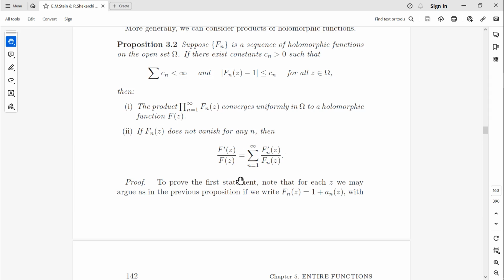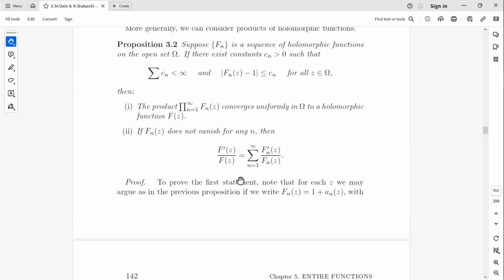You break a polynomial into factors, and when you differentiate it, you get 1 by x minus a1 plus 1 by x minus a2, plus and so on.